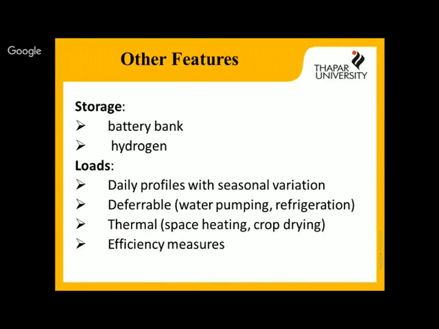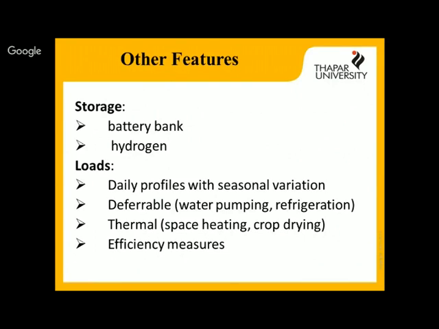For storage, there are two methods in Homer. One is the battery bank and another is the hydrogen tank. Nowadays in Homer Pro you can find that they have even put in flywheels. For load, you can give any load, day to day, and variability in load also.